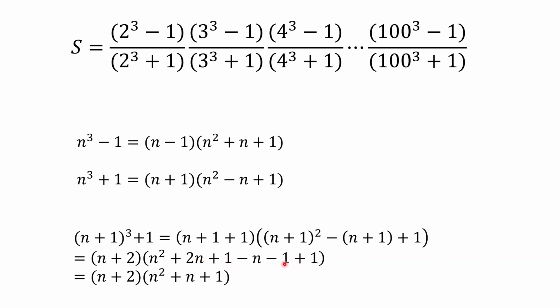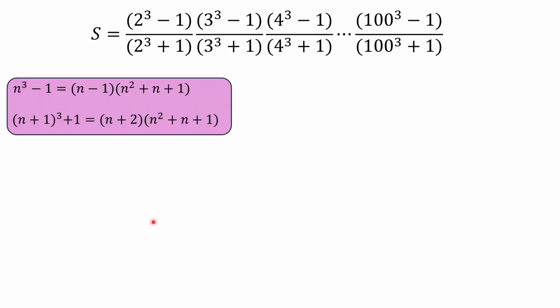Here is minus n minus 1, and this is plus 1, so this with this disappear, minus n with minus n disappears. And it turns out that (n plus 1)^3 plus 1 is equal to n plus 2 multiplied by n^2 plus n plus 1. And now we notice that this term can cancel this term. That is the trick of the exercise.